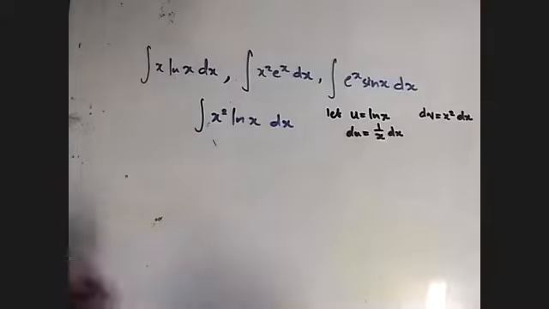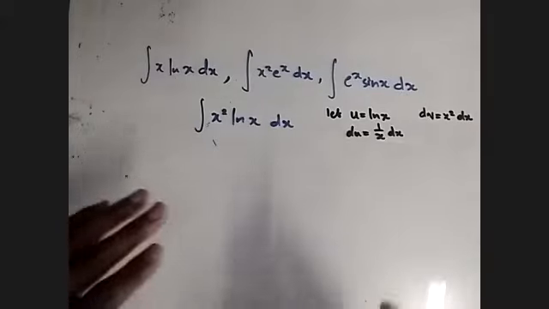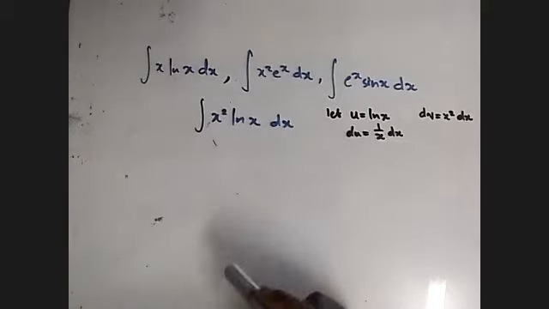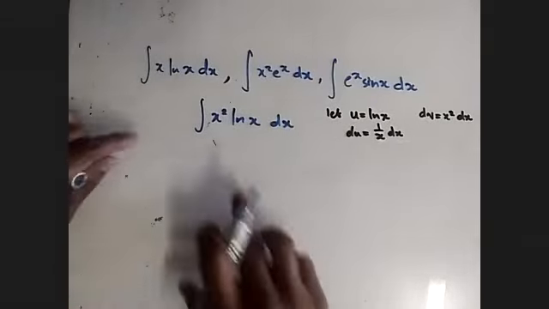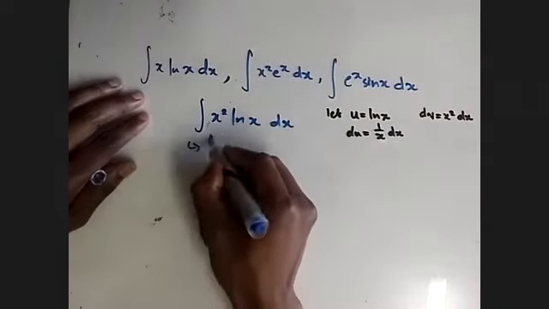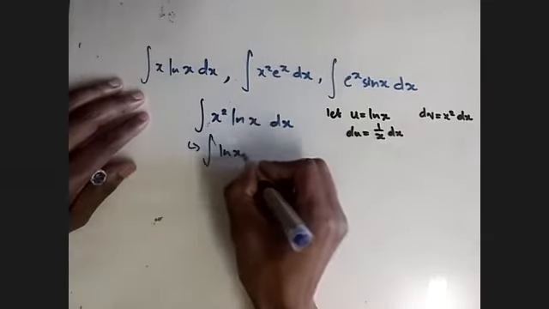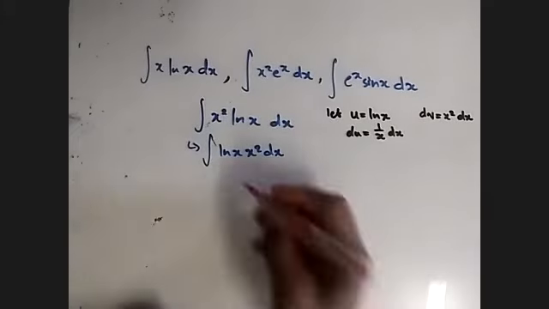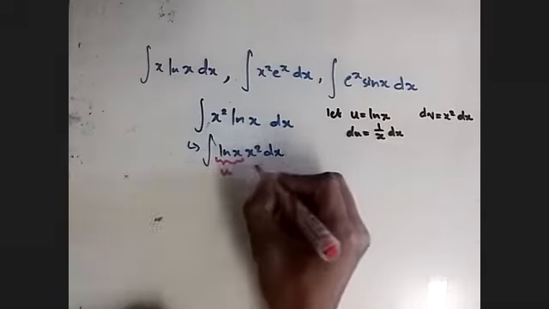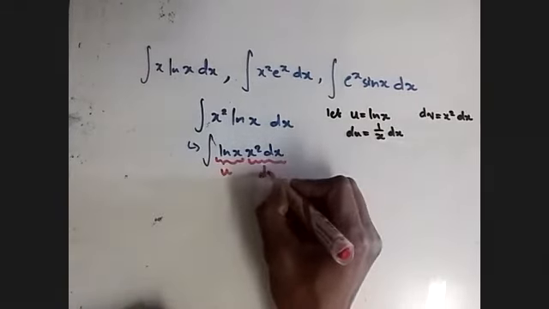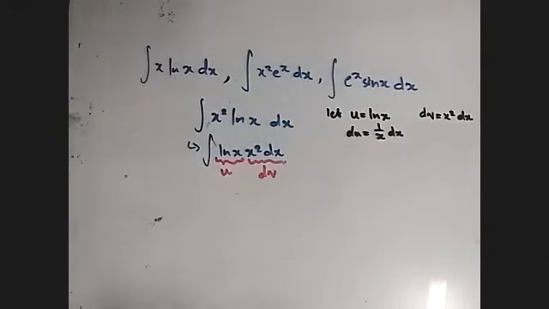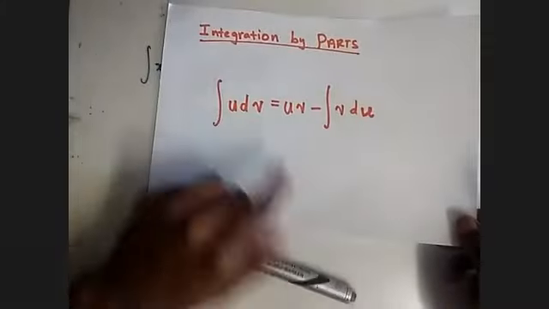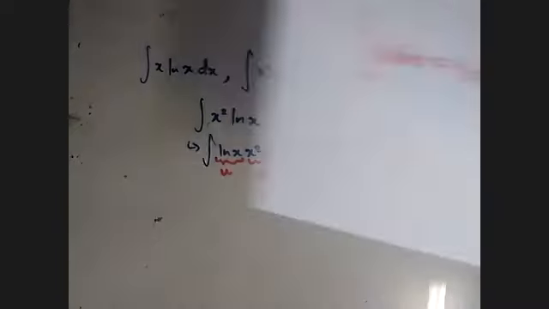Usually, what I used to write when I was still a tutor for the previous classes, I would rewrite this as the integral of ln x times x squared dx and show them that this now becomes our u and this becomes our dv because of the definition. The definition said we should always have u and dv, so it's very important to write it.